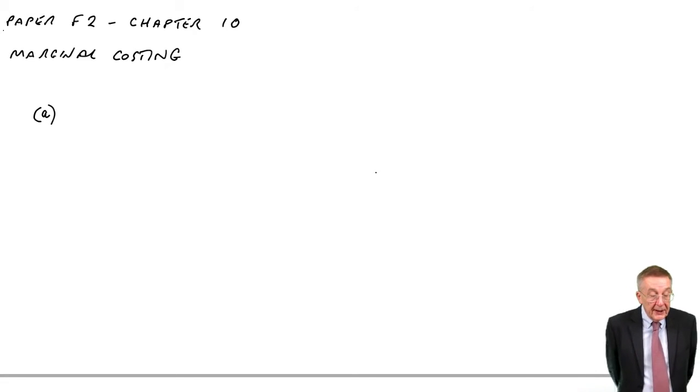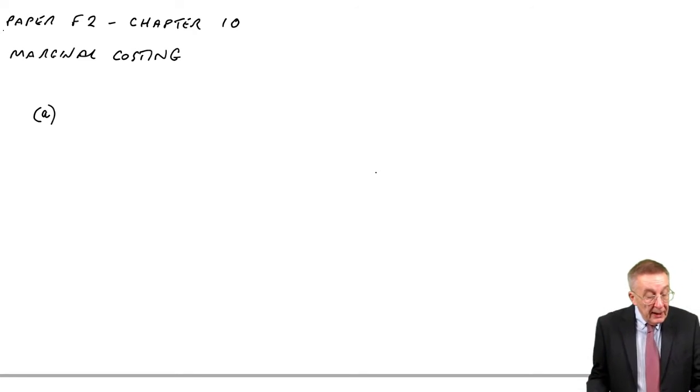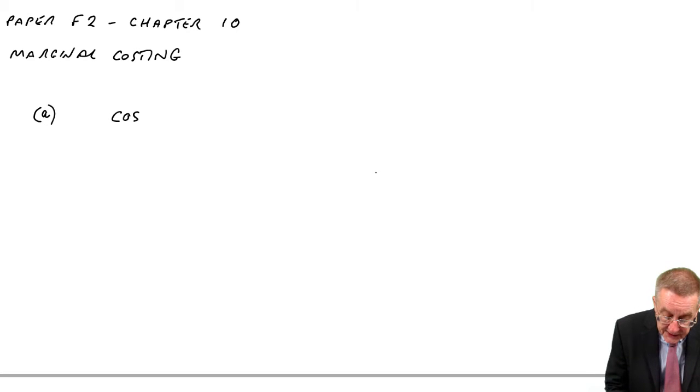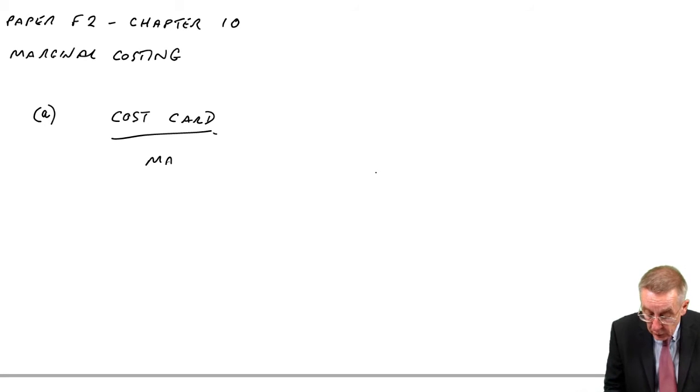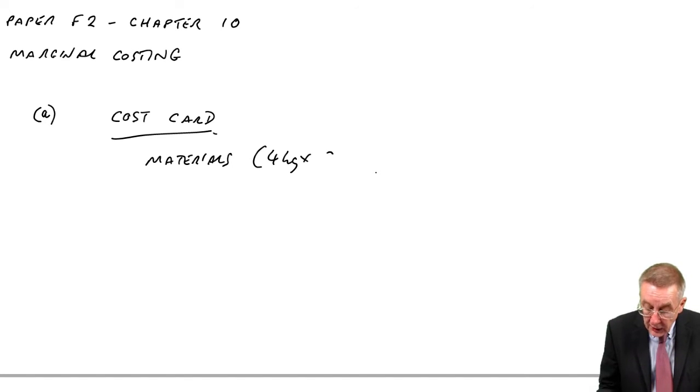XPLC produces one product, desks. Each desk requires 4 kilos of wood. So just as before, we've got materials, 4 kilos at $3 a kilo, so the cost per unit for materials is $12.